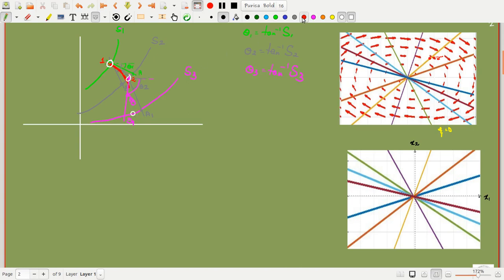So our trajectory leaves 1, comes to point 2, and then it comes here, right? It comes to point 2, leaves point 2 at an angle theta 2, and when it comes to point 3, it is trying to leave at an angle theta 3.